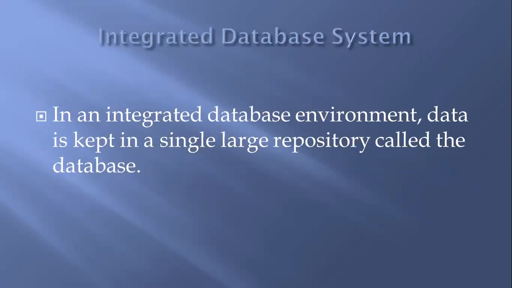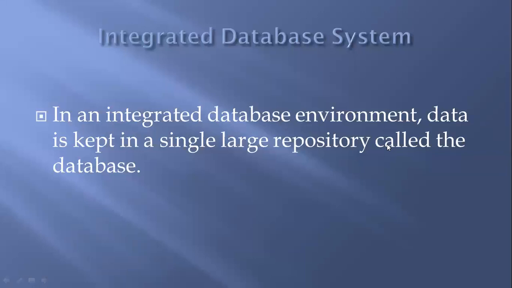To overcome these disadvantages of the file processing system, integrated database systems were introduced, and a few advantages of integrated database systems are less data redundancy, less data inconsistency, integrity resolution, and better data security.